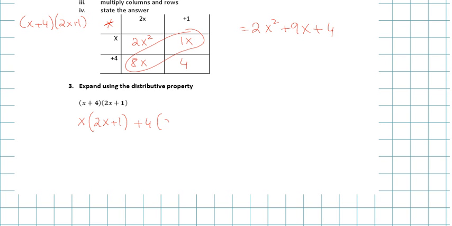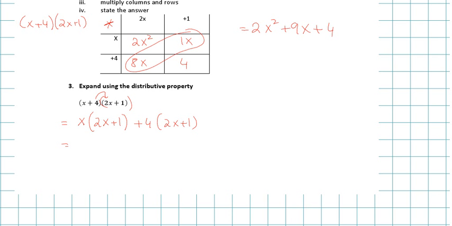So you're going to do this times this whole thing, and then you're going to do this times this whole thing. FOIL is the easiest one of them. Both of them are easy.